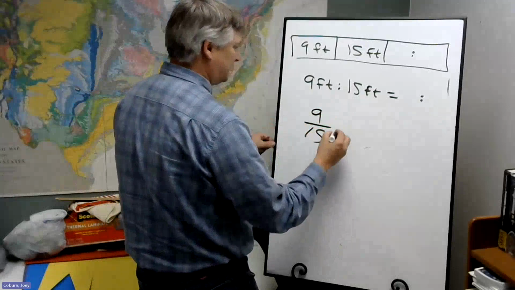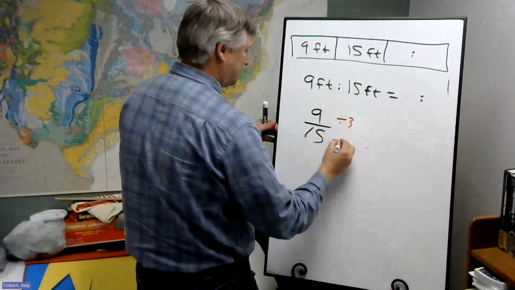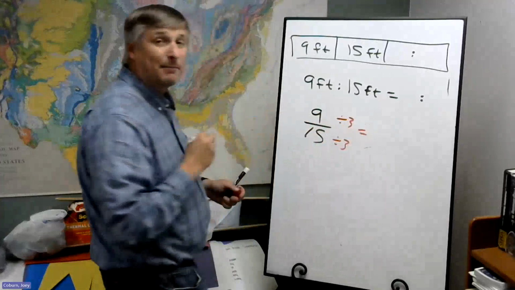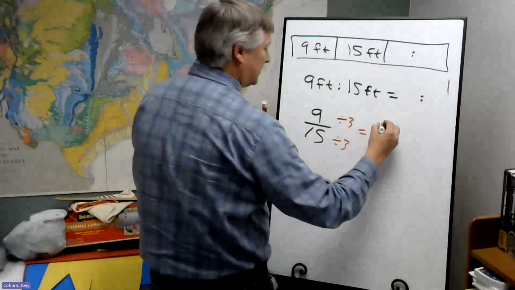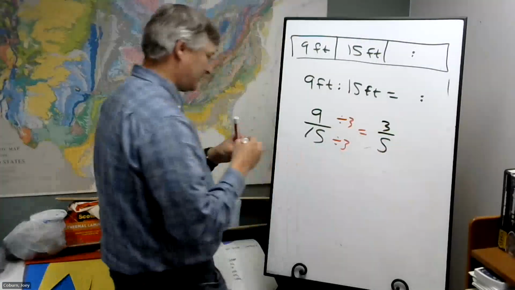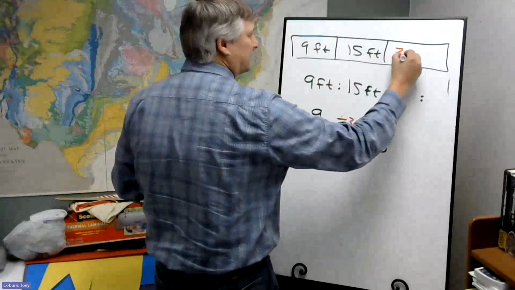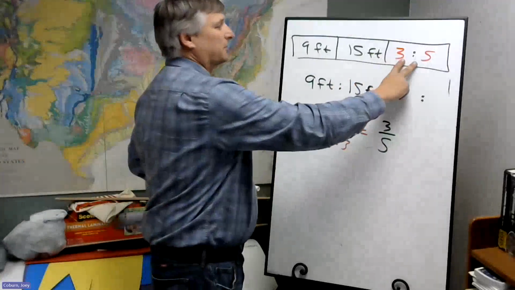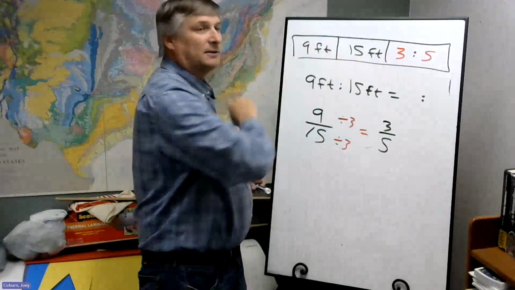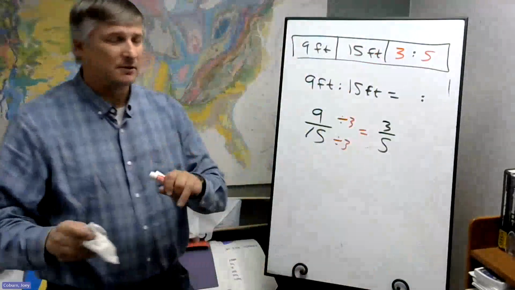We could take 9 over 15, divide by 3, top and bottom, and we'll get 3/5. So we could very well put 3/5 here, and this would be perfectly fine. It's just a reduced version of 9 to 15. Now, they might ask us to do something a little different, though.